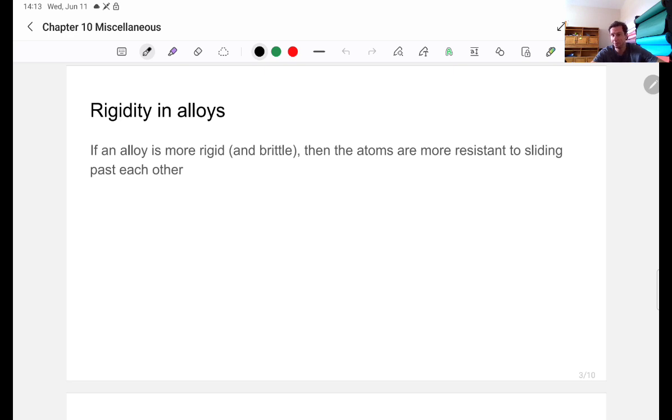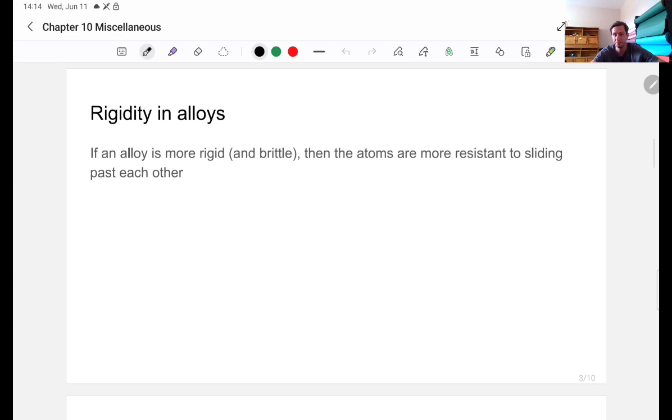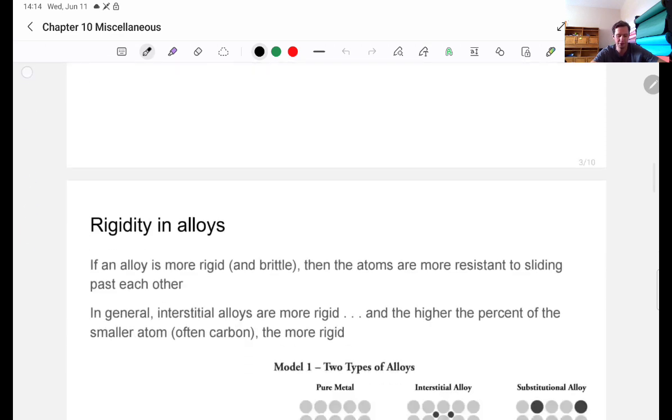This is one aspect of alloys and their structure that several of the multiple choice questions I've seen for Unit 2 have asked about. So make sure you understand that connection: if the atoms slide past each other more easily, it's more malleable, and if they slide past each other with more difficulty, then the alloy is more rigid. And interstitial alloys, by increasing the amount of the interstitial atoms, are more rigid.